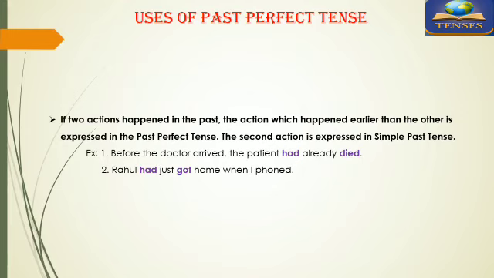So, for the first action we have to use the past perfect tense. The second action we have to use in the simple past. Before the doctor arrived, that is the second action. The patient had already died, that is the first action. The earlier action we write in the past perfect tense, and the later action we write in the simple past tense.